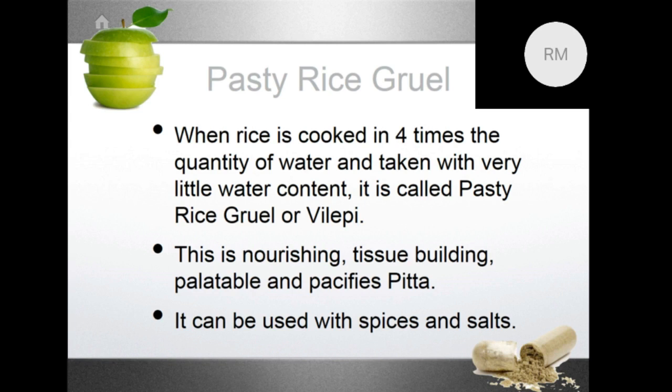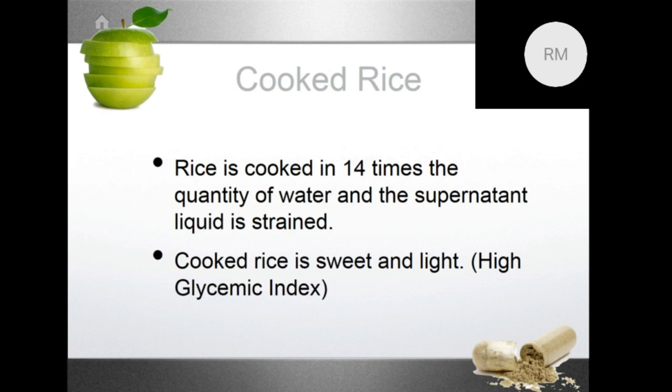This is nourishing, tissue building, palatable, and pacifies pitta. This pasty rice gruel can be used with spices and also salts. And next is cooked rice. Cooked rice is made in 14 times the water, and the entire supernatant liquid is strained.